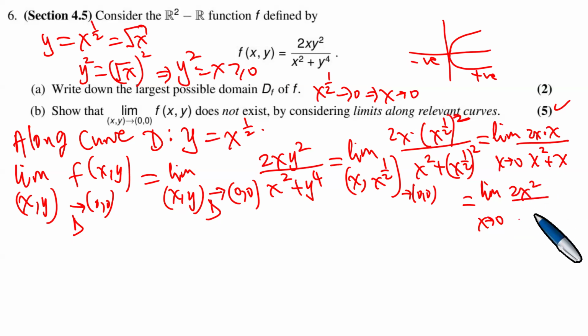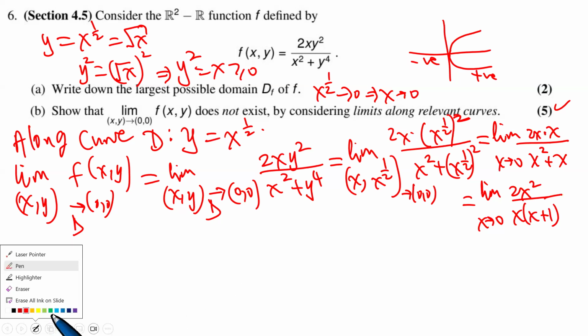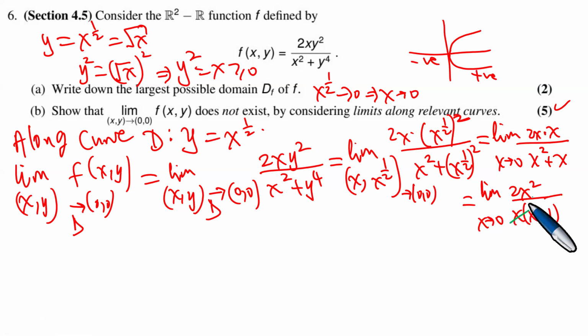We can factor out the denominator, x plus 1, and attempt to simplify. One factor of x cancels, giving us 1. This becomes the limit as x tends to 0 of 2x over x plus 1.